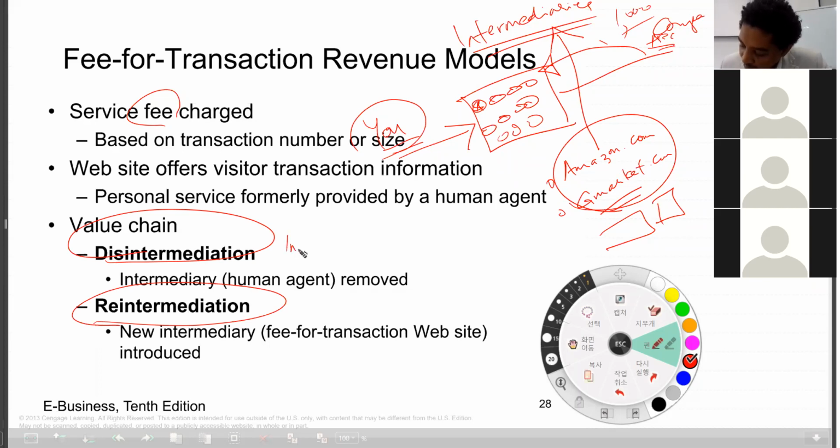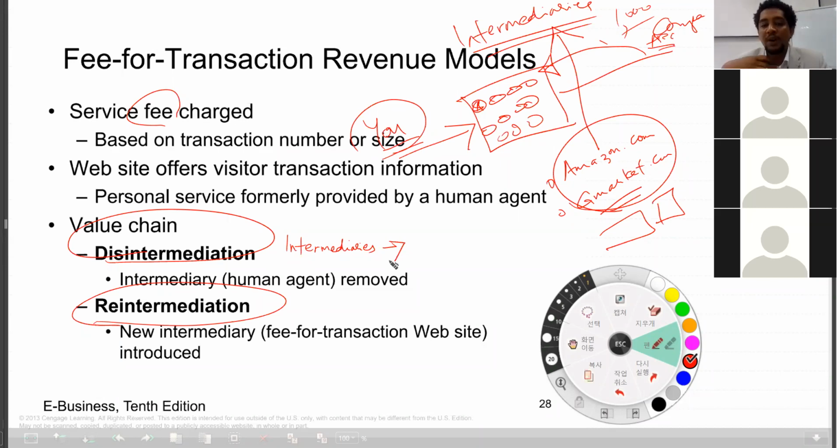Previously, in the first place, there were intermediaries like Amazon and Gmart, but through time, businesses tried to sell their products from their own website.